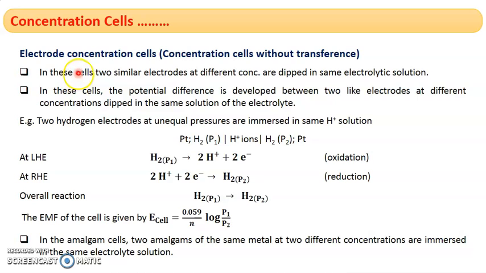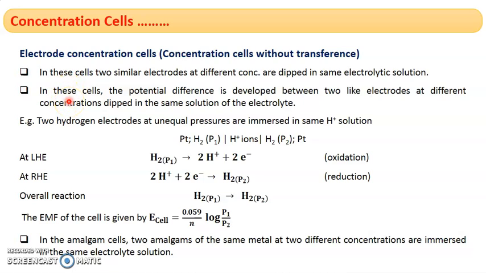And in electrode concentration cells, two similar electrodes at different concentrations are dipped in the same electrolytic solution. Another point here is that in electrode concentration cells or electrolyte concentration cells, if electrodes are similar, electrolytes must be identical. If electrolytes are identical, electrodes must be similar.